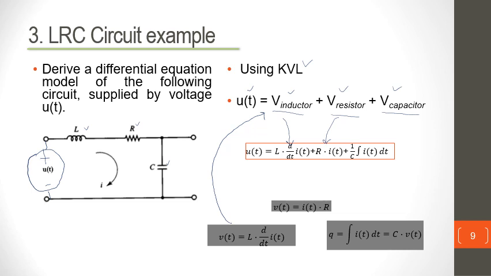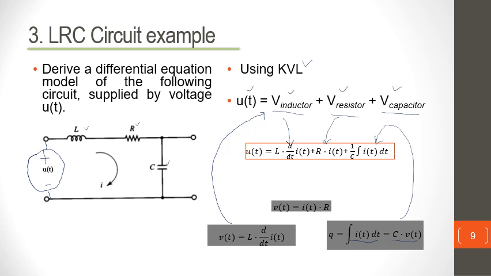And the voltage across the capacitor, times C, is equal to the integral of I dt. So we can substitute this into our KVL to give us 1 over C times the integral of I dt as the voltage across the capacitor.